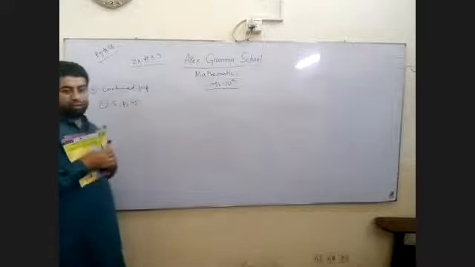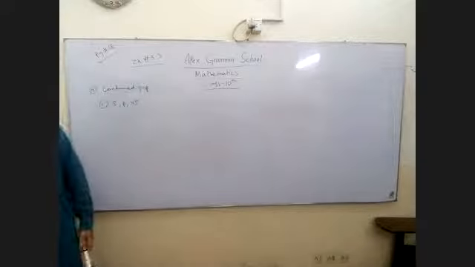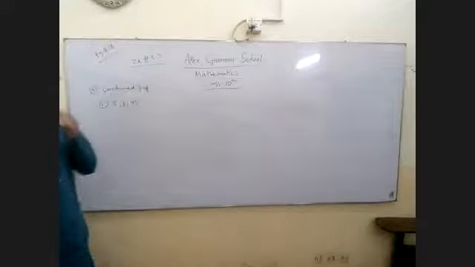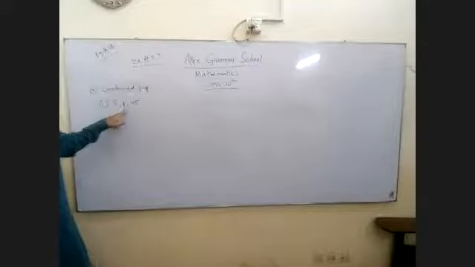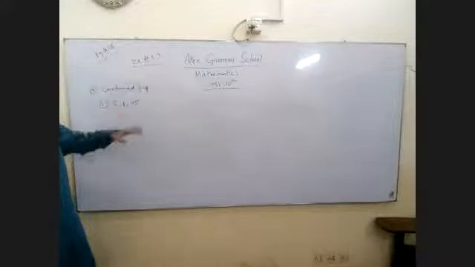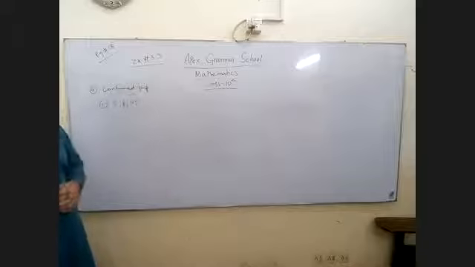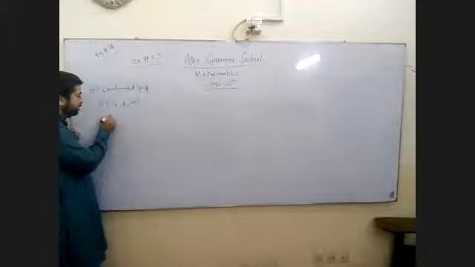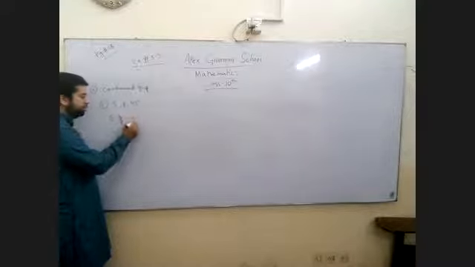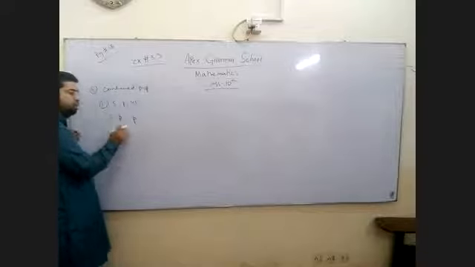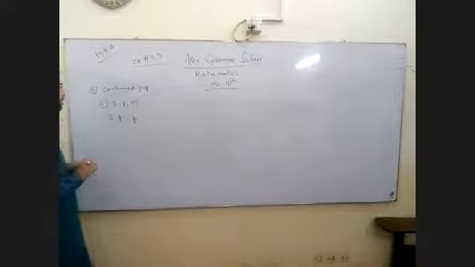In a continued proportion you need to find the unknown variable value. The unknown variable here is p. So you make the continuation: 5 ratio p, then again p ratio 45, and you just need to find the value of p, the unknown variable.